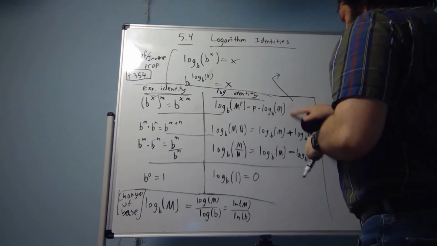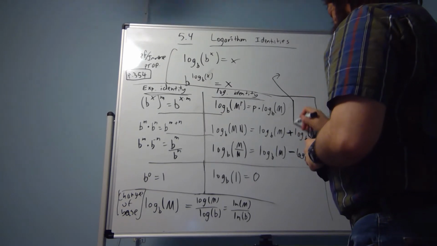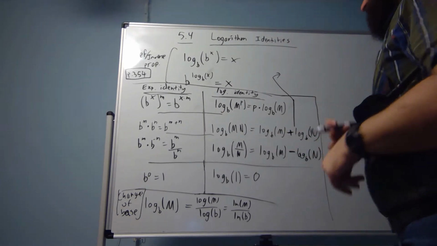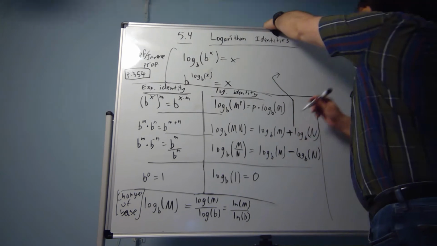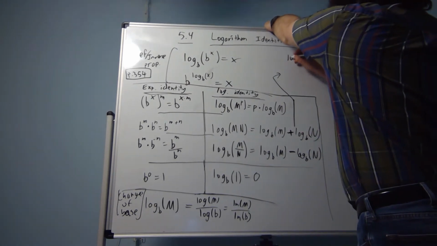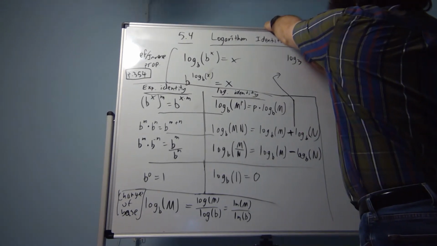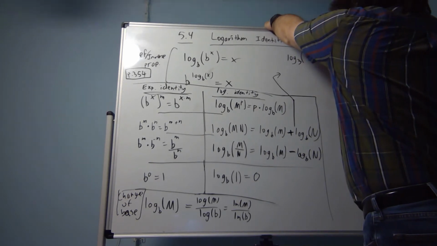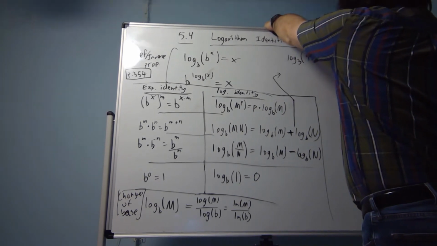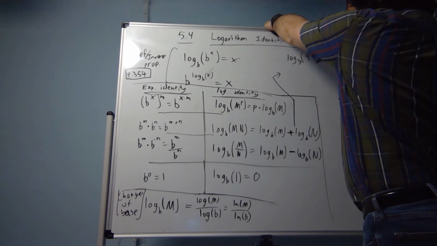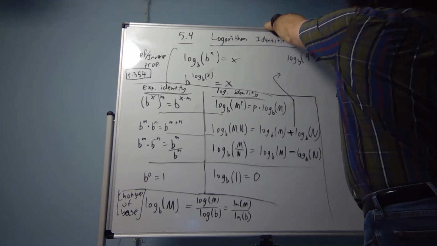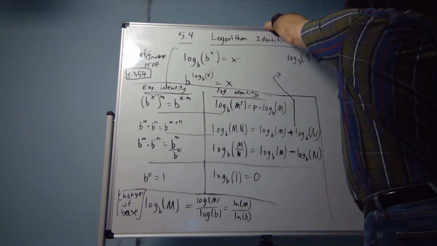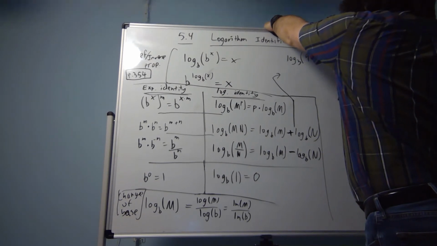And so let's look at this next one. Let's understand why this one is true. Let's say I want to take log base 3 of 9 times 27. Sure, let's do that the old-fashioned way.